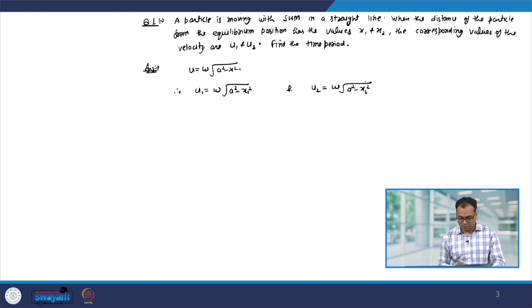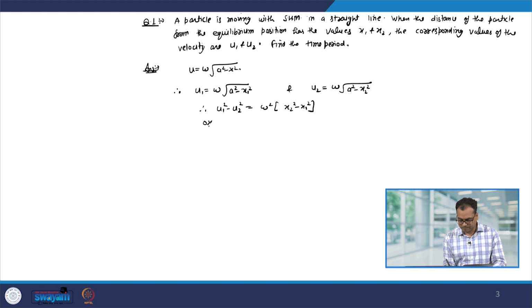So, from here we can find out the value of omega. For that, let us do u1 square minus u2 square. That will be equal to omega square times (x2 square minus x1 square).